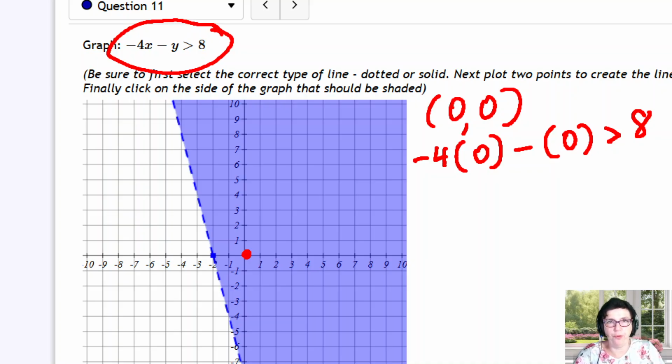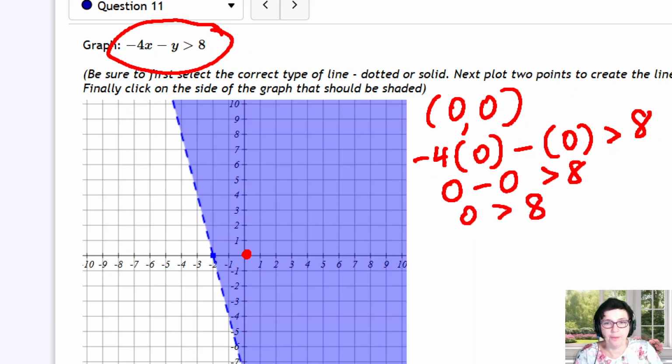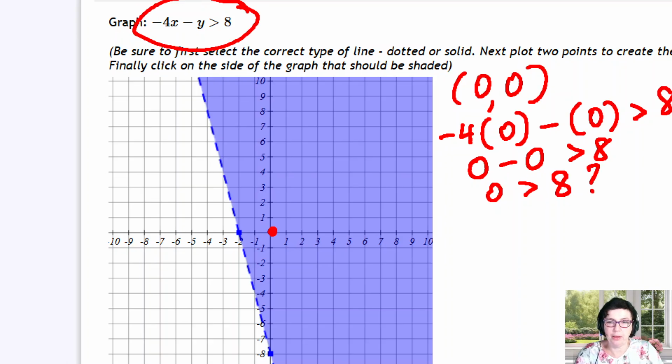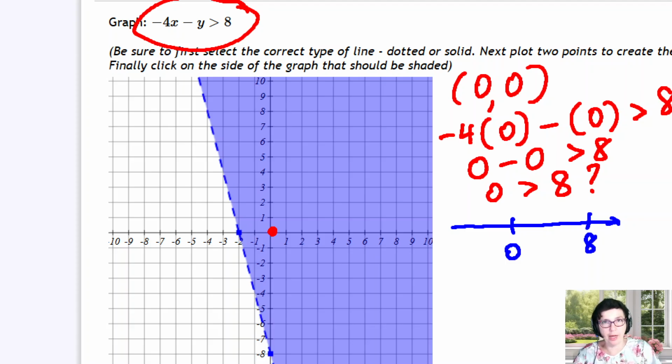Well, negative 4 multiplied by 0 is 0. 0 minus 0 is 0. So now we get 0 greater than 8. Is that a true statement? Is 0 greater than 8? Well, no, because if you graph it, 0 will be here, 8 will be here. So 8 is higher, right? Larger than 0. So this is not a true statement.